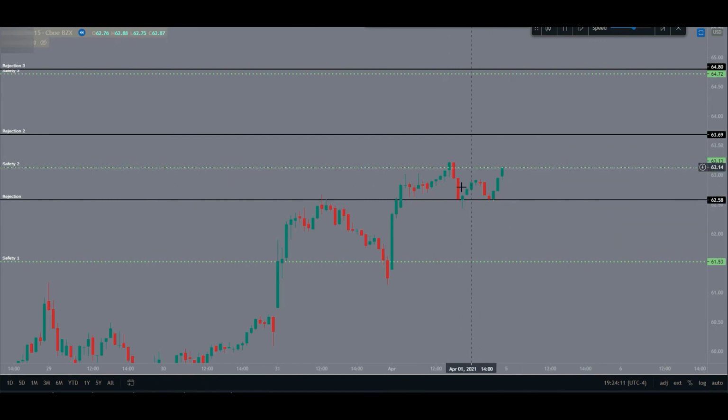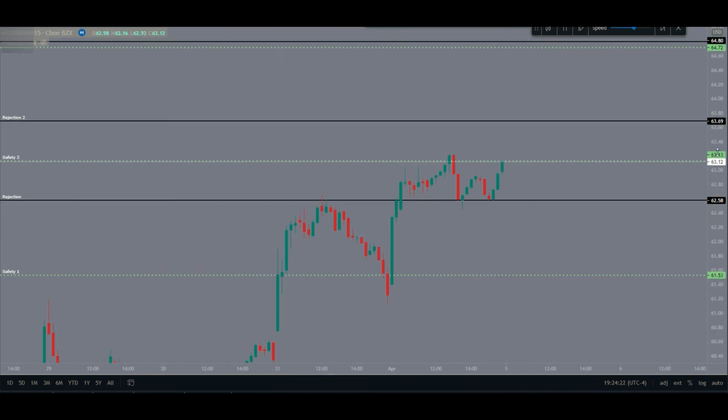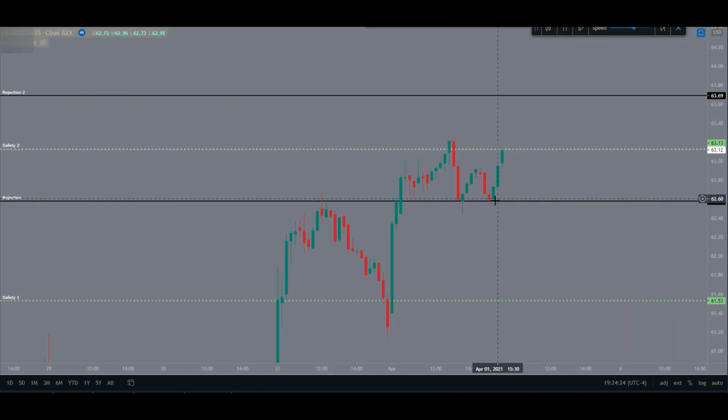Another way you could have looked at this was, I want to retest the line. So that was a retest. That's very nice, because the red bar wasn't able to close below it. And don't forget that sellers just came in at 2:30 on that day.